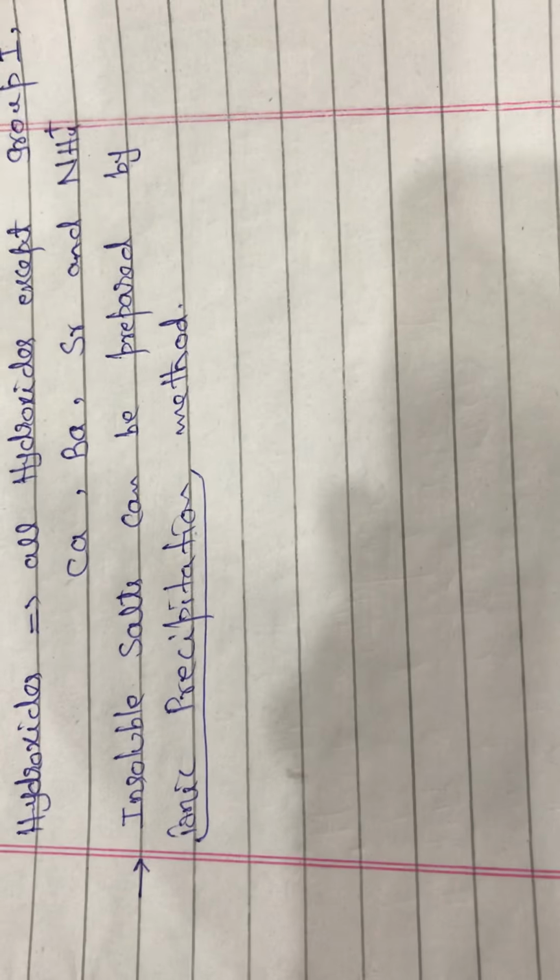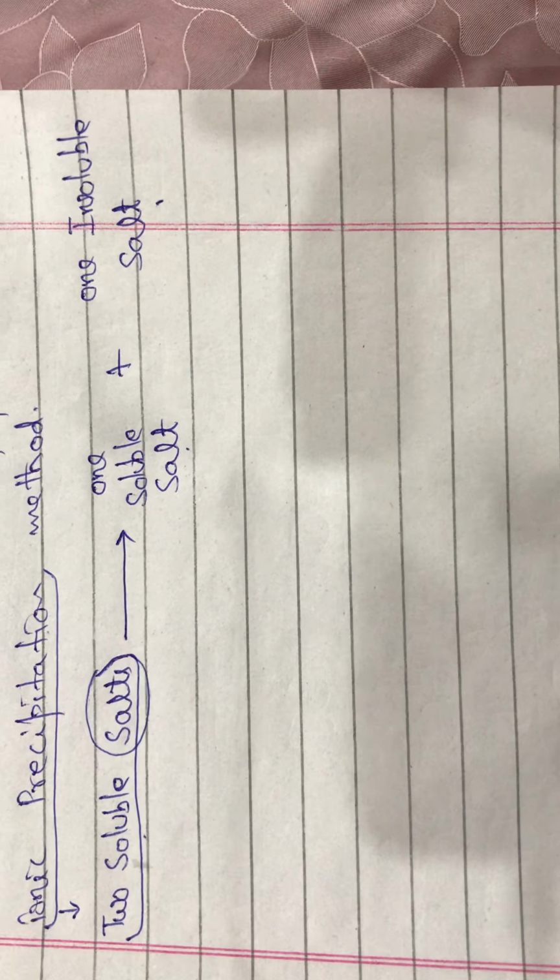Those two soluble salts contain the cation and anion of the insoluble salt. As we know, a salt is formed by the combination of cations and anions. So positive and negative ions combine together to produce a salt.